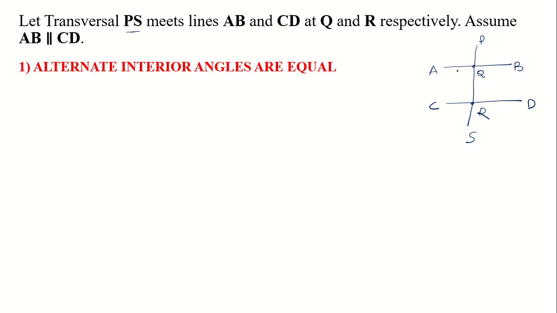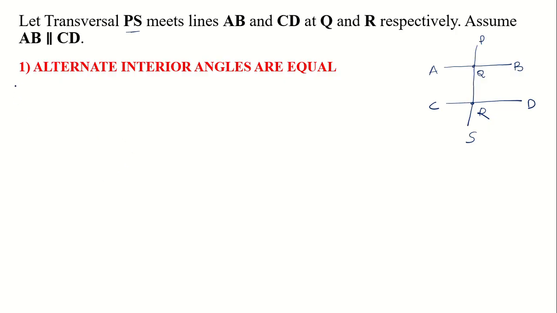We have two parallel lines, AB and CD, and a transversal PS passing through these two parallel lines, and we have two points Q and R.